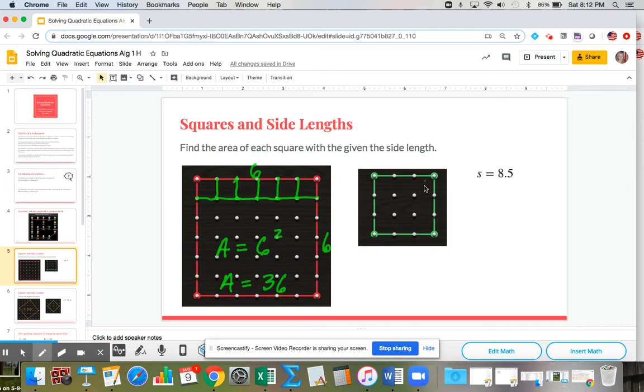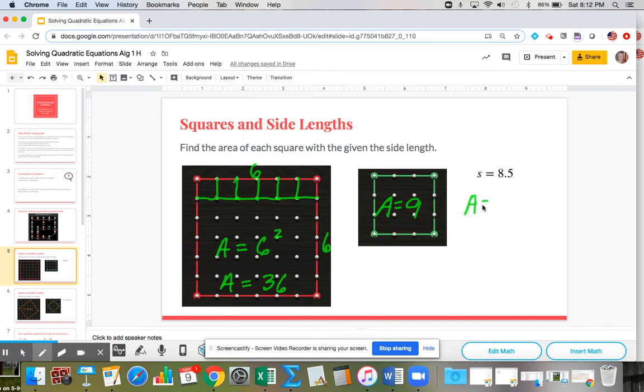So we can apply that same principle to this smaller square here. The side length of this smaller square is 3, and therefore the area of this square would be 9 square units because it's 3 to the second power. Finally, over here, I'm told that the side length of a square is 8.5 units.